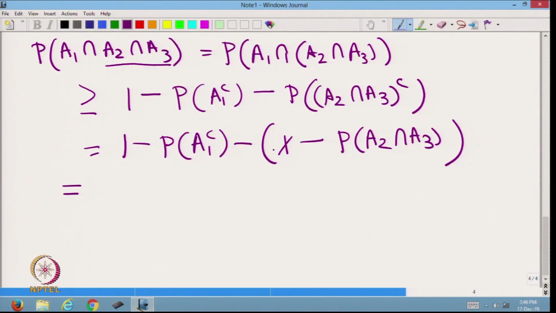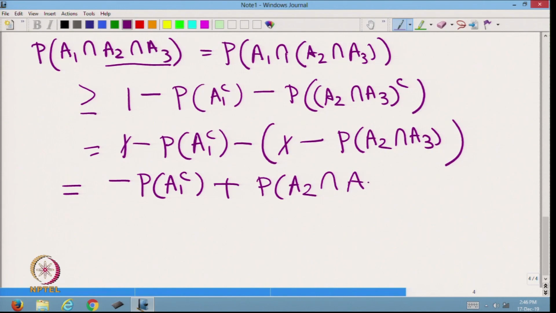Now this one cancels with this, we are left with probability A1 complement plus probability A2 intersection A3.